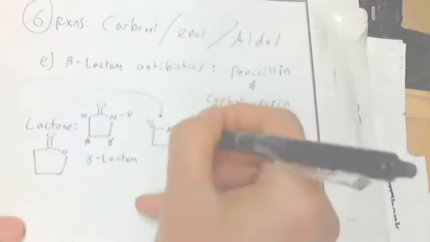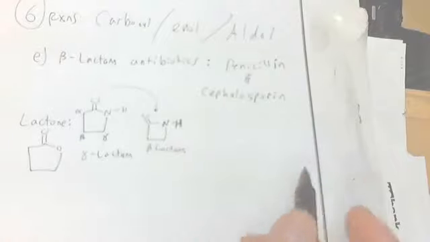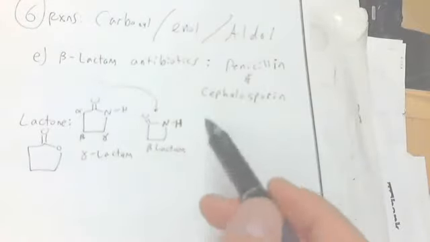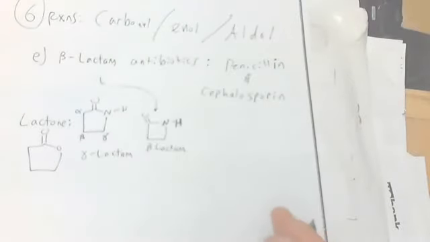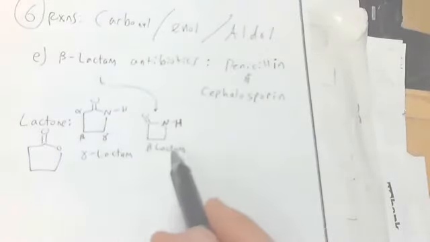So nitrogen. All of them have this 4-member ring with the nitrogen like that. It's a cyclic amide that has a 4-member ring. All right, that's the definition of beta lactams. Cool. Now what's so cool about these crazy molecules is that they're synthesized super easily, which is fun.